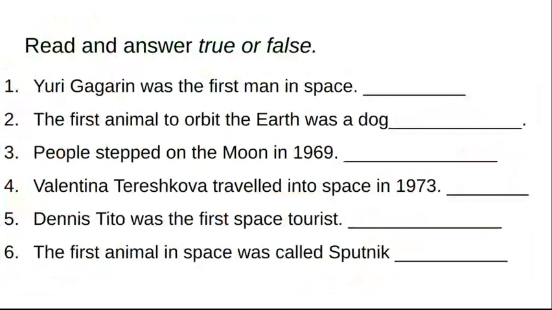The first animal in space was called Sputnik. Write true or false next to each sentence. And remember, you can go back in the video to the exercise from before to check to make sure if it's true or false. Pause the video and complete the exercise.